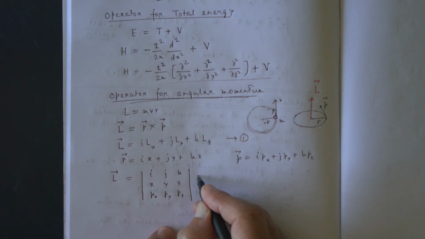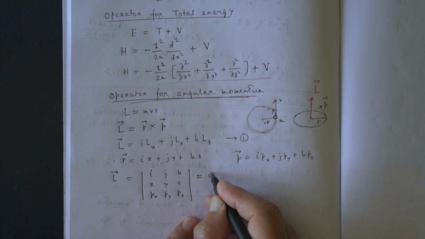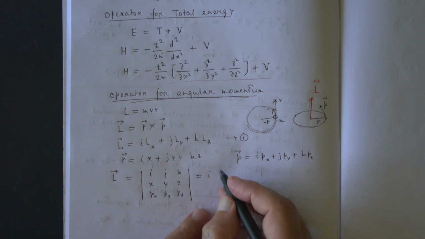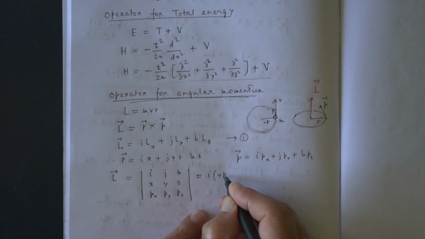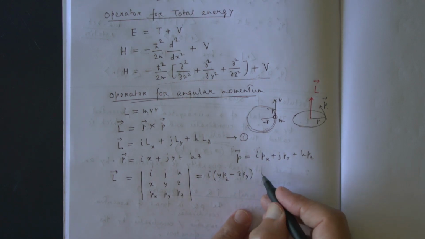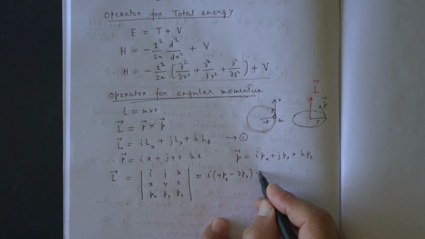So if we expand this, then i times (ypz minus zpy), then plus j times (zpx minus xpz).